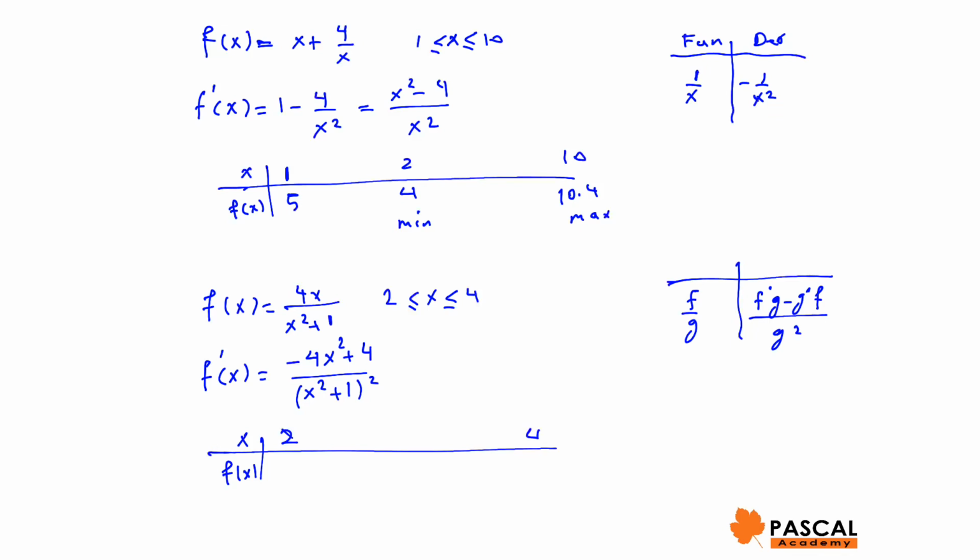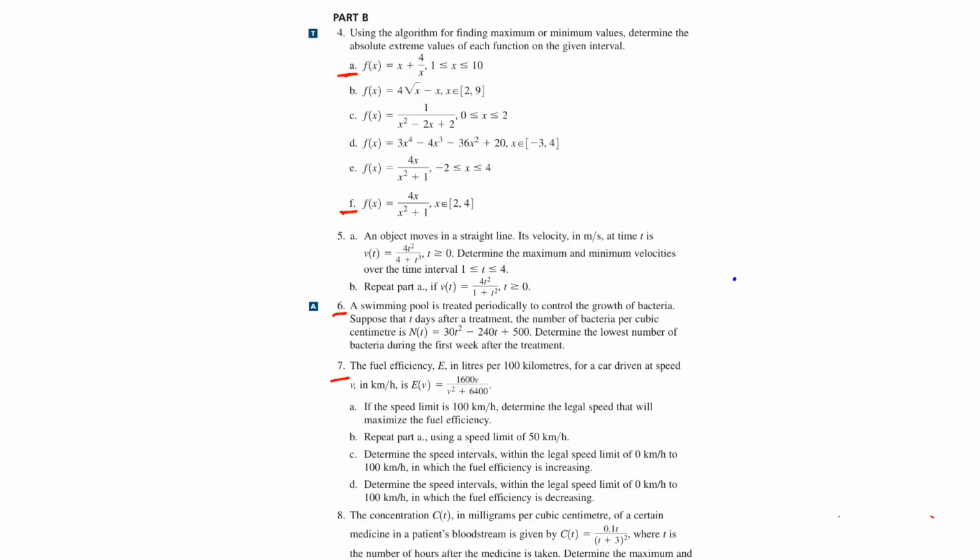The value of the given function at x = 2 is 8/5, and at 4 is 16/17. 8/5 is the maximum of the function, and the minimum is 16/17.